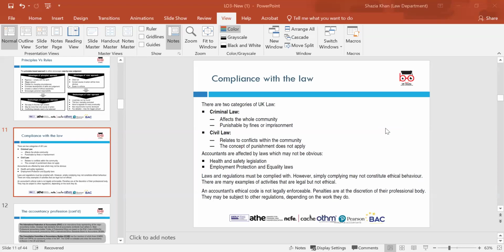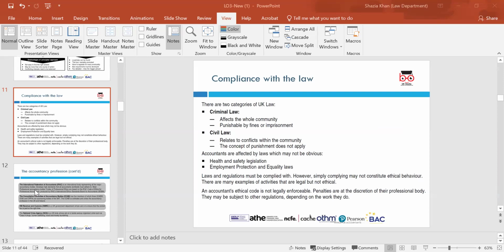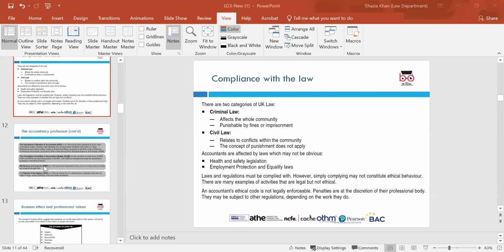Accountants are affected by laws which may not be obvious, so health and safety legislation, employment protection and equality laws and regulations must be complied with. An accountant's ethical code is not legally enforceable. Penalties are at the discretion of the professional body, and they're subject to other regulations as well.